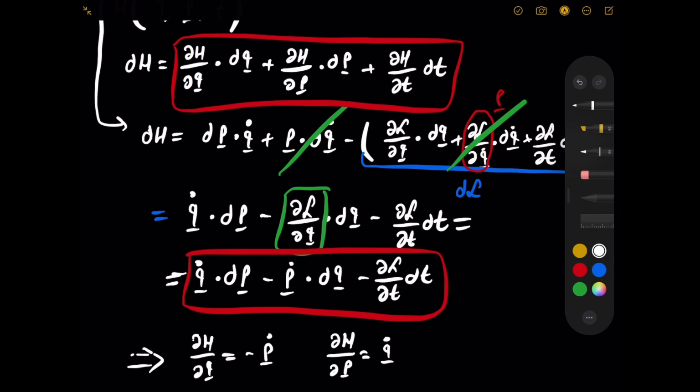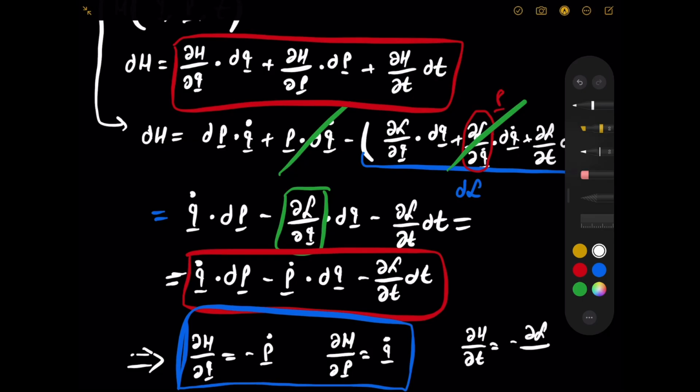And in fact, these two are called Hamilton's equations. So this was our goal. This was what we wanted to prove, which we were able to do. And there's also a bonus one, if you take this approach, because if you look at the factor for dt, you see that dh by dt is equal to minus dL by dt. So we get this on the side.